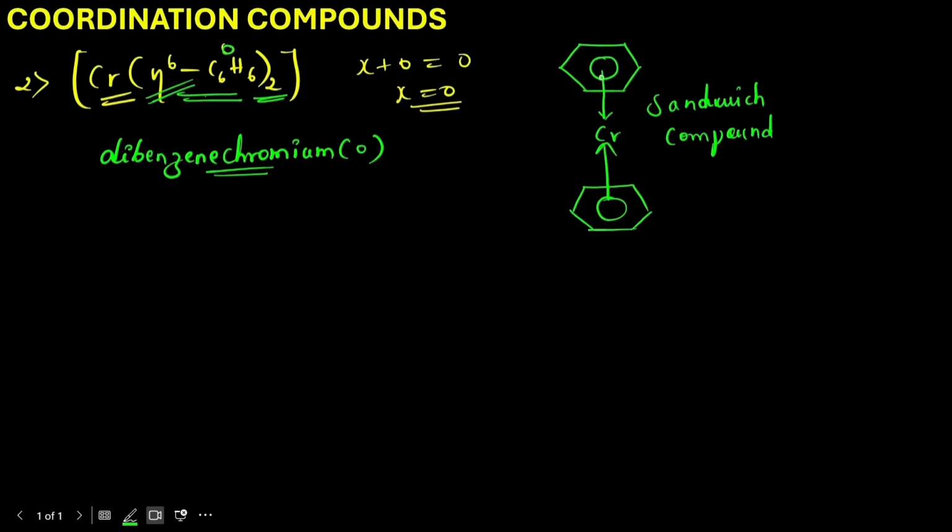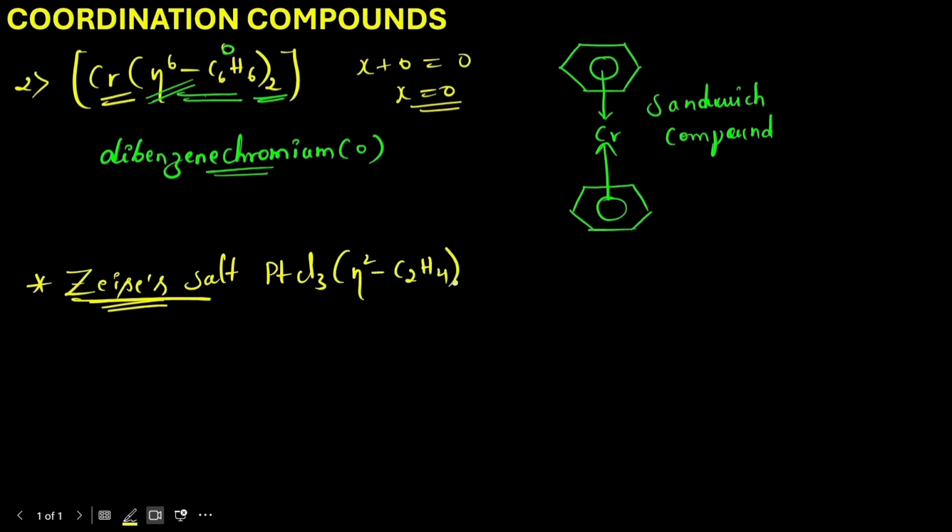the donor atoms. Next we will move on to Zeise's salt, that is platinum Cl3 (η2-C2H4). So this is Zeise's salt. The charge on the complex is -1.